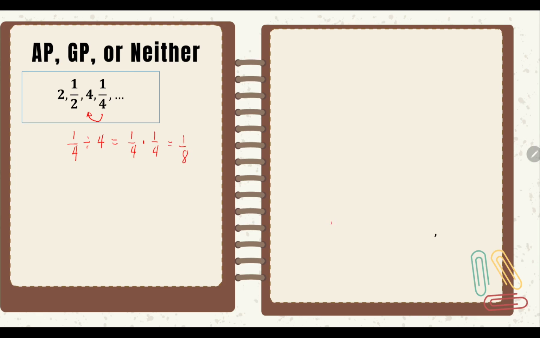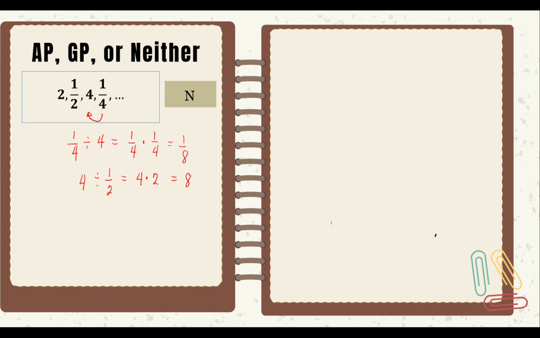And you will see that if you would also take 4 and divide that by 1 half, flipping the second and multiplying, you have 4 times 2, which is equivalent to 8 and not 1/8. That is the reason why the answer is neither.